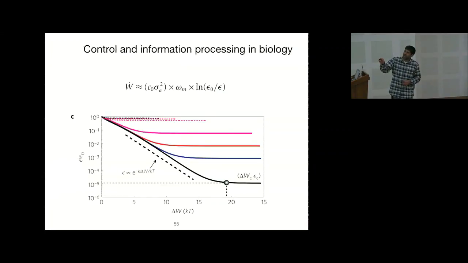Epsilon here happens to be the difference in the activity. So epsilon is defined as the mean activity minus the activity that you desire. In our case, it's 0.5, and so epsilon picks out how far the system is from the set point that it should be at. And it turns out that this energy consumption rate is intricately connected to the logarithm of 1 over epsilon.